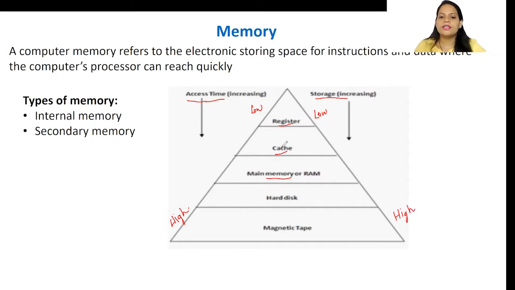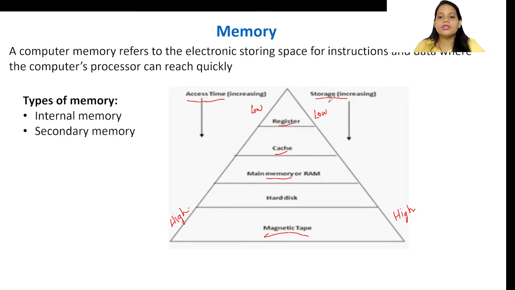So what we understand from this image is that the register always has low access time. The CPU accesses it within a few milliseconds or nanoseconds, so it gets accessed faster than magnetic tape. After register, we have cache memory, then main memory, then hard disk, and then magnetic tape. Magnetic tape takes a very long time to get accessed.